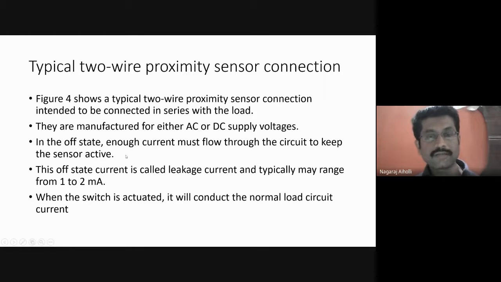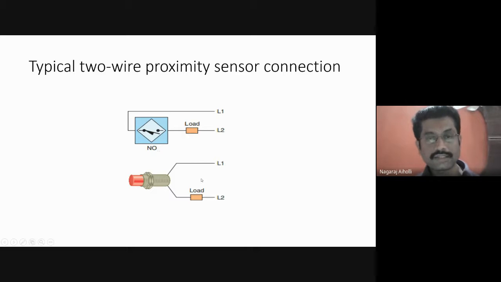In the off state, enough current must flow. Suppose the sensor is in the off state, it should not completely go off. That means some negligible current should be flowing through the sensor to keep it in the active state. If it completely goes off, then it becomes very difficult to turn it on again, and it takes some time to bring it back to its on state.